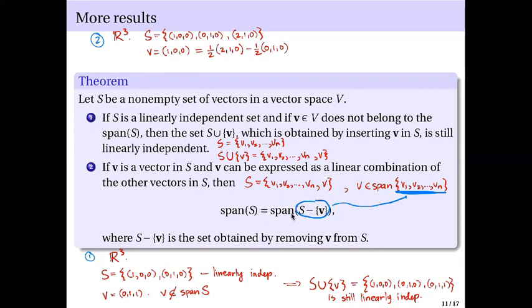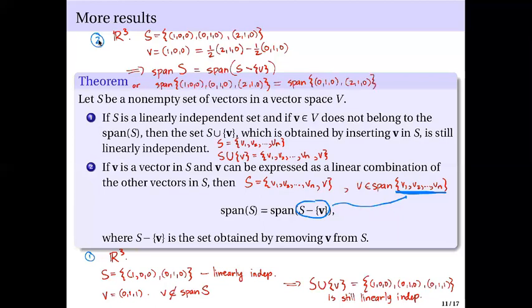So this theorem tells us that the span of S is still equal to the span of S minus the set containing V. Or the span of the set 1, 0, 0, 0, 1, 0, and 2, 1, 0 is still equal to the span of 0, 1, 0, and 2, 1, 0.